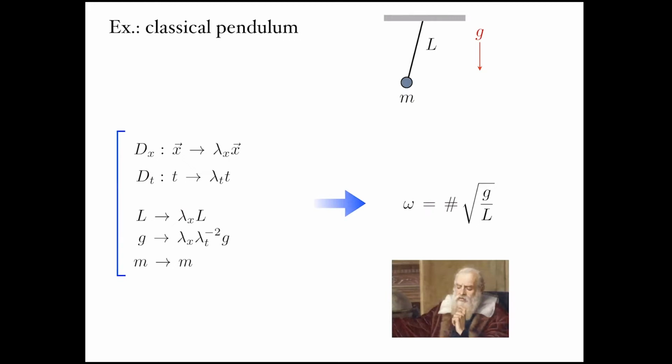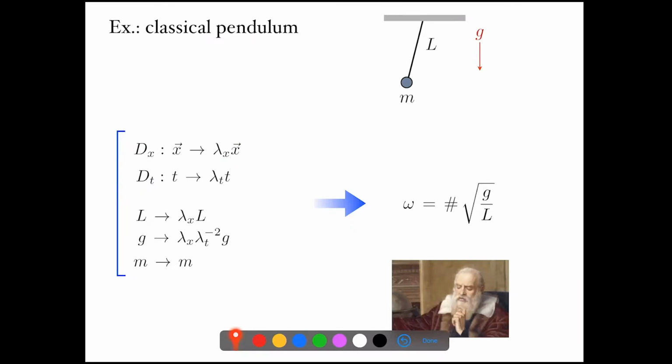Now, take the pendulum. There are three parameters that define the pendulum: the mass, the length, and g, the gravitational acceleration. Now, in this system, you can think of two symmetries. One is spatial dilatations, under which you dilate coordinates, and the other is time dilatation, under which you dilate time.